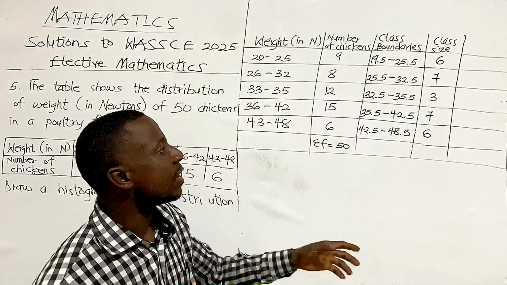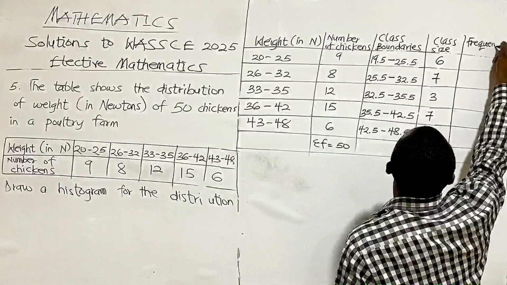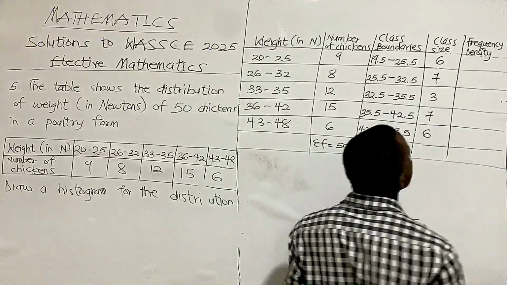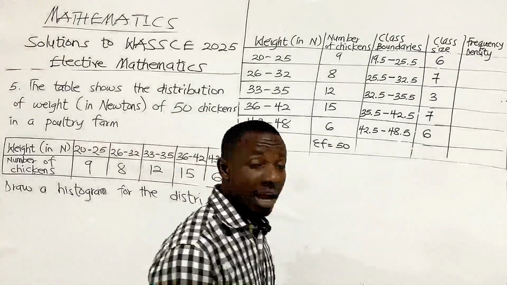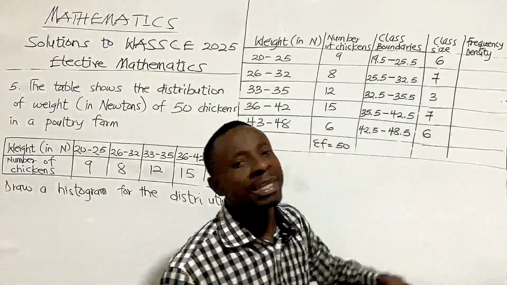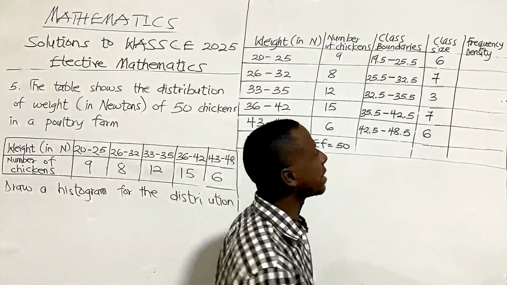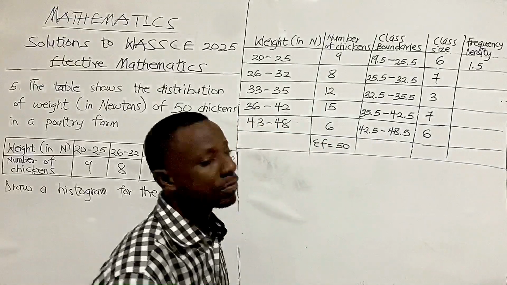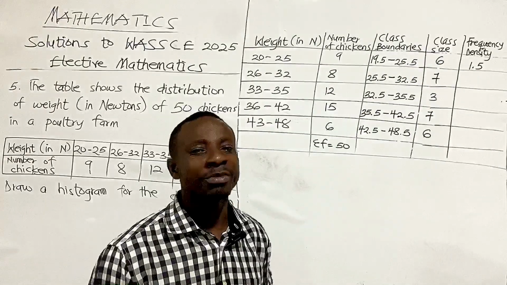In that case, we need to get our frequency density. The frequency density is calculated as the frequency divided by the class size. So from here, 9 divided by 6, we are getting 1.5. 8 divided by 7, what did you get from your calculator?